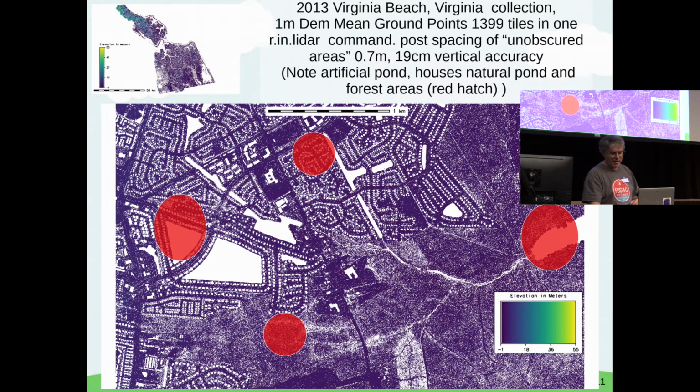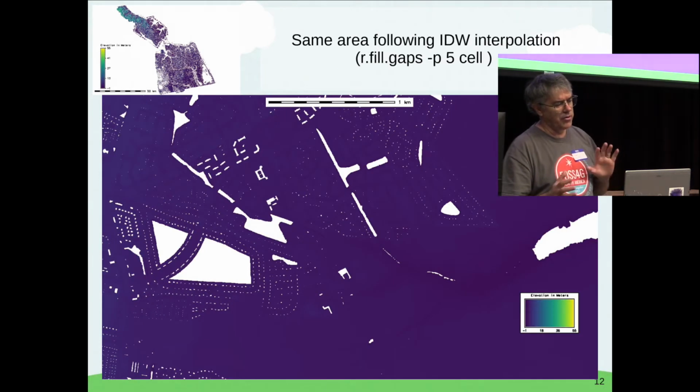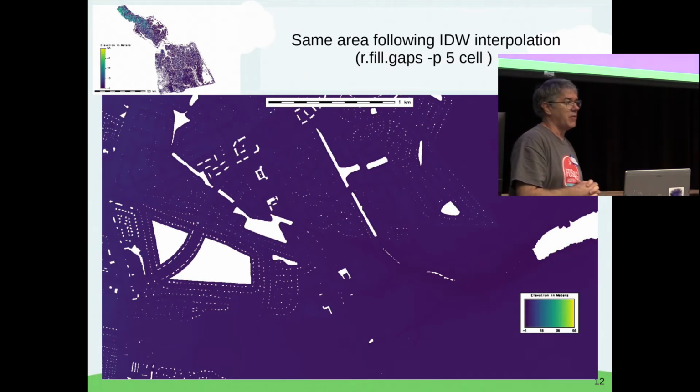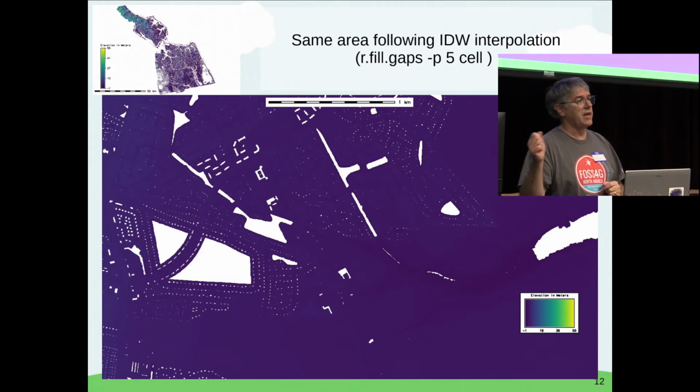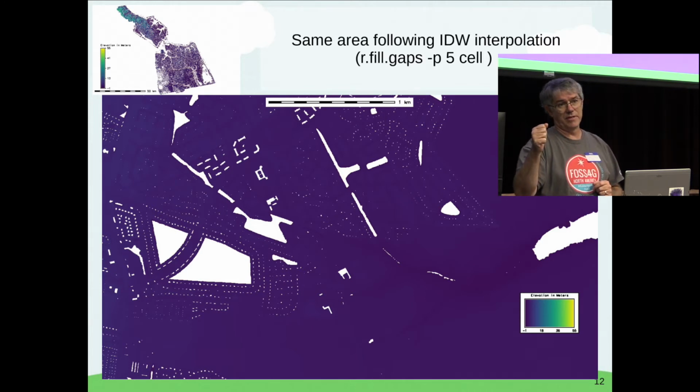But you start with that. Then you go through and do a nifty routine called r.fillnulls, which is an add-on for GRASS. With the -p, it leaves the original values in place and just interpolates for the gaps. And that tremendously speeds up the processing.